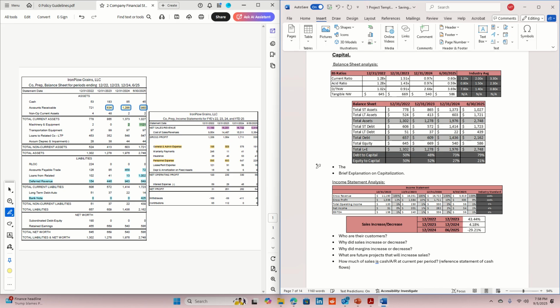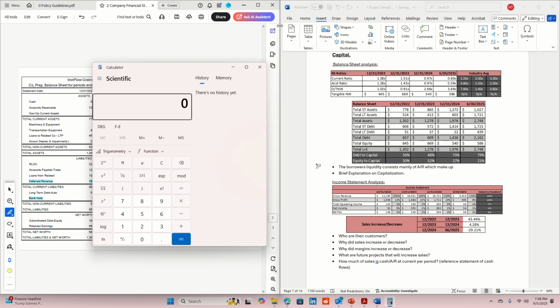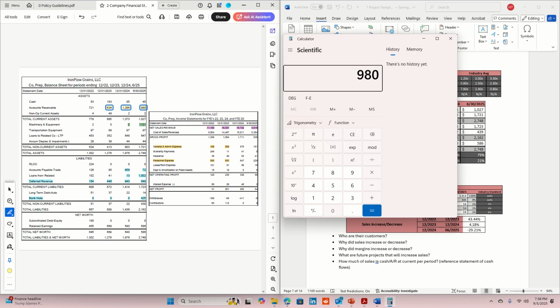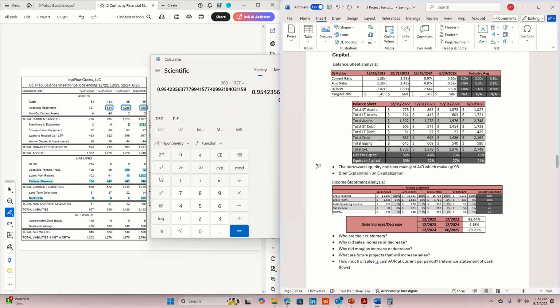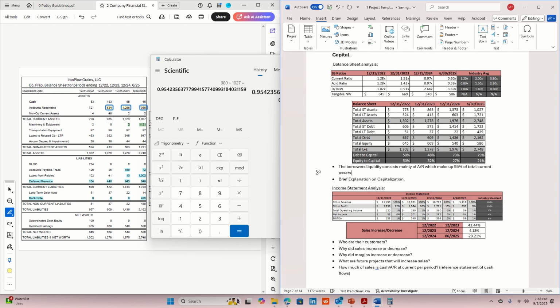So the borrower's liquidity consists mainly of AR, which makes up, and let's do the math real quick, AR is 980 divided by 1027, which makes up 95% of total current assets, right?